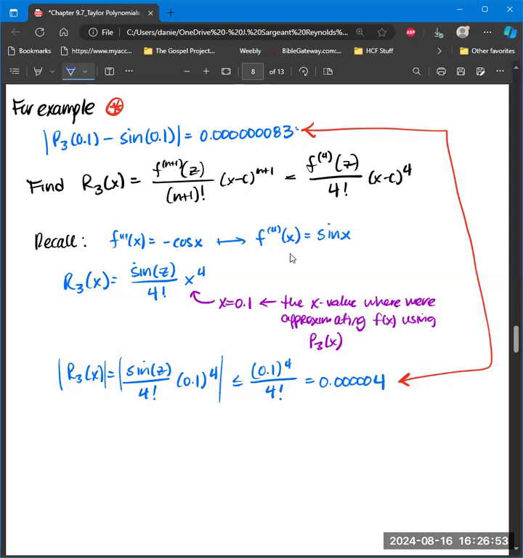So the biggest that this value can get is an absolute value of 1, and that's going to be 0.1 to the fourth over 4 factorial, which comes out to be 0.000004, and this is definitely within that margin of error that's allowed there.